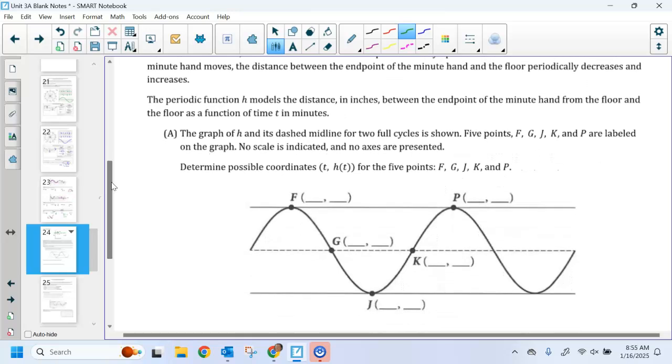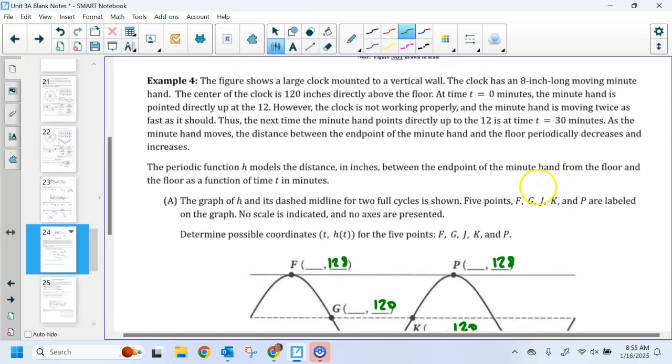We were asked at the beginning of the unit, even without knowing any trigonometry, can we plot these points? Well, we know at the midline, we're at 120. That's for G and K. For F and P, our max is at 128, and our min here is at 112. Now, I always do my y values first. Some people do them together, the x, y together. Some people do the x values first. Doesn't matter.